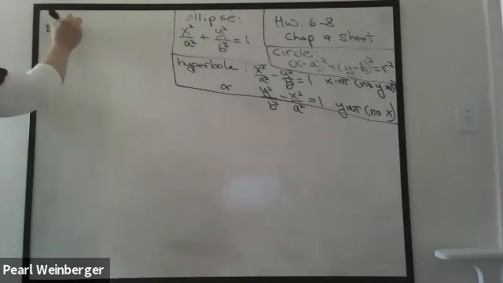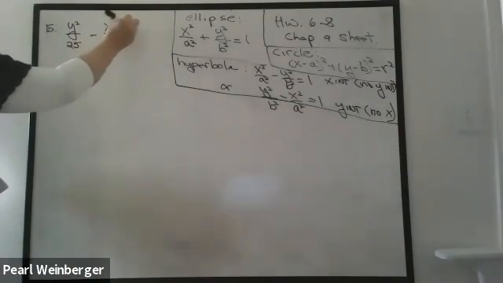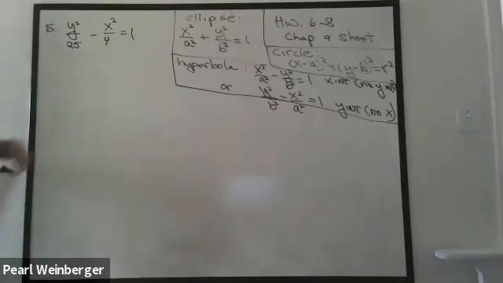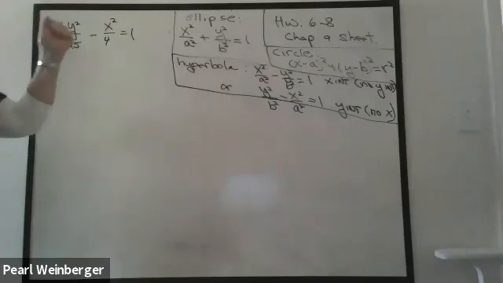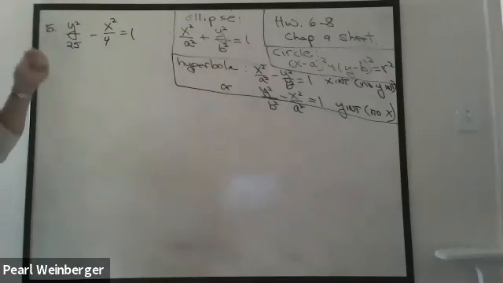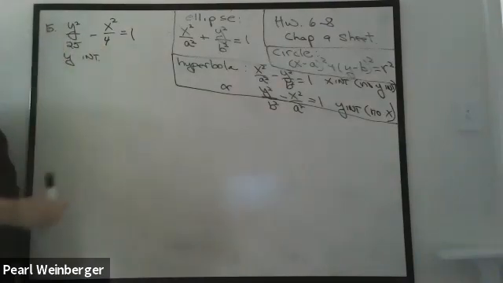Suppose I gave you y squared over 25 minus x squared over 4 equals 1. Now I recognize that this is in standard form, and I recognize it's a hyperbola because I have an x squared and a y squared term, but one is positive and one is negative. And in this case, the one that's positive is the y squared, which means I'm going to get y-intercepts. I'm not going to have any x-intercepts.